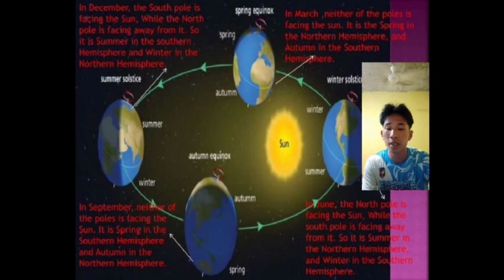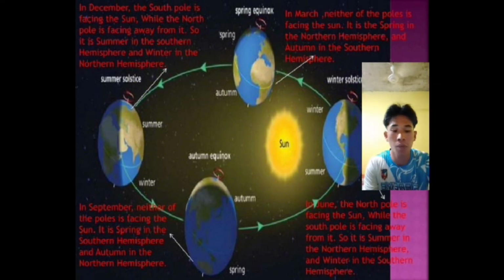In December, the South Pole is facing the Sun, while the North Pole is facing away from it. So it is summer in the Southern Hemisphere and winter in the Northern Hemisphere. In March, neither of the poles is facing the Sun. It is spring in the Northern Hemisphere and autumn in the Southern Hemisphere.